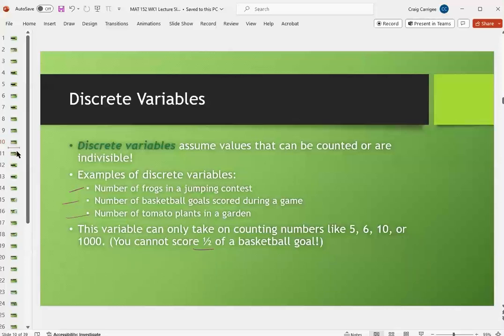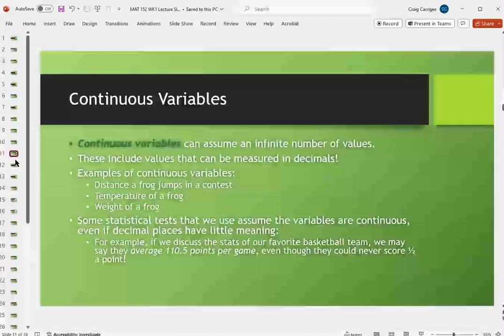On the other hand, continuous variables can assume some infinite number of values. In the survey that you'll respond to this week with the assignment that you'll do, I'll ask for your height in inches. And your height in inches could be any number. It can be represented by any decimal. And if we went and measured everyone's height, those decimals would likely all be very different.